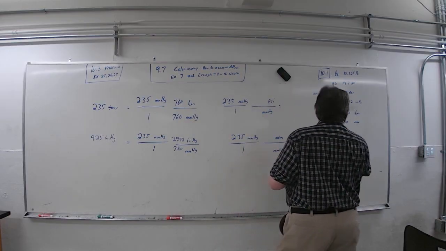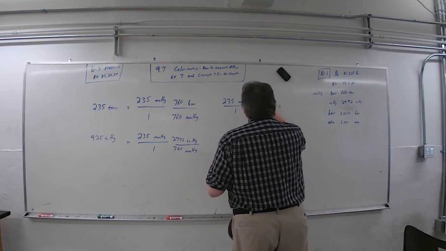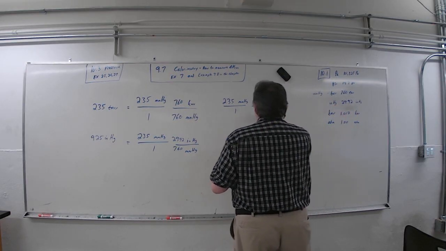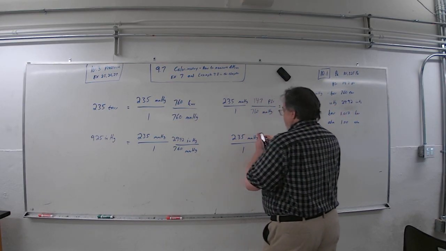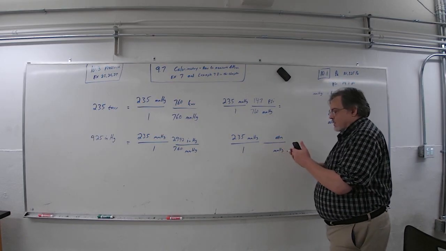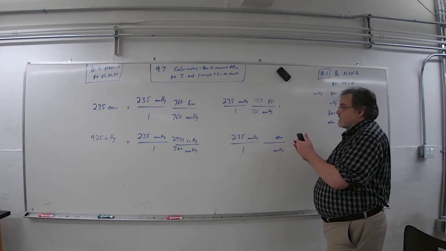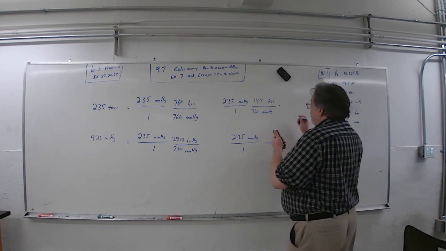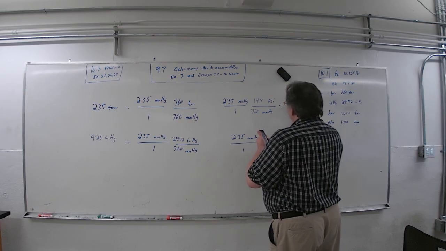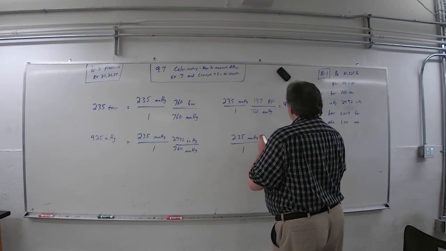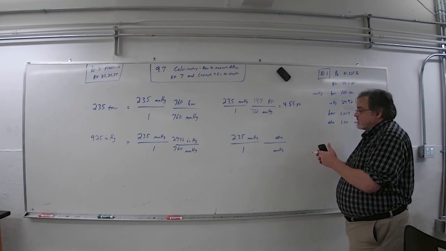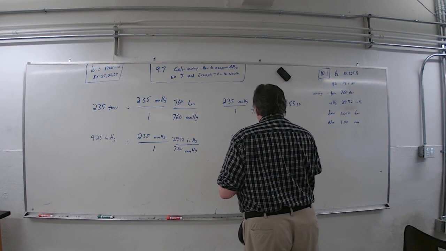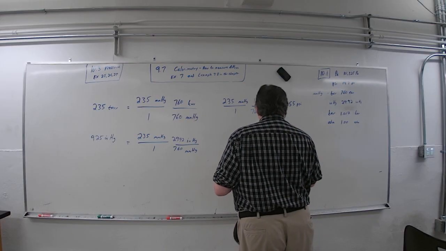I wanted PSI. PSI is 14.7. This is 760. 235 times 14.7 divided by 760. That's pounds per square inch. Atmosphere is 1, 760.